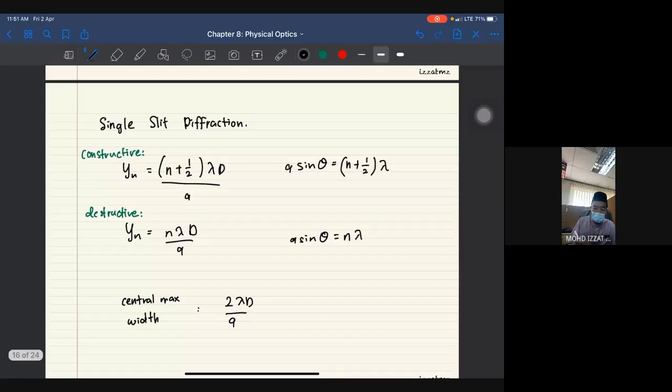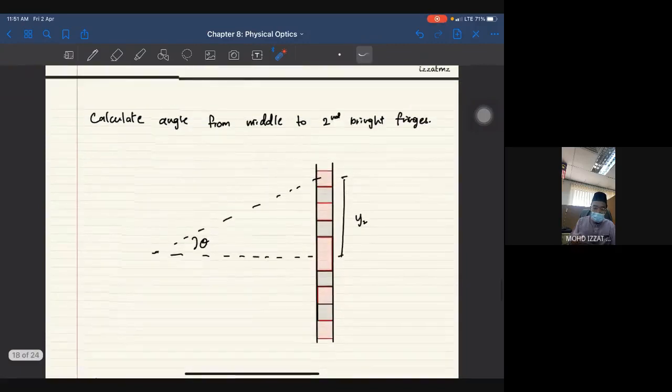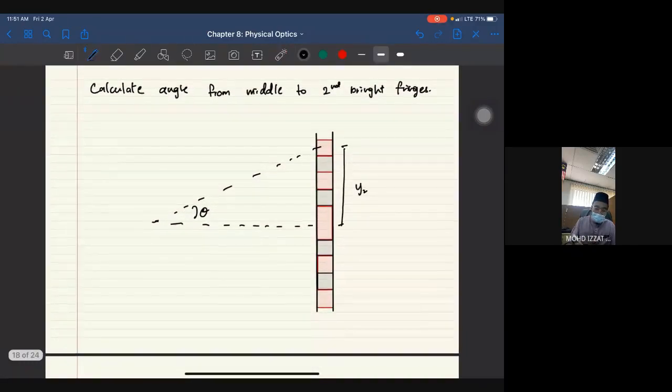Pakai je formula yang ni, you can find the theta straight away. Tak ada masalah. Katakan kamu memang betul-betul blur, apa yang kamu perlu buat, kamu kira Y2, and you know that this one is D. So this one is basically just your triangle. So you can solve using tangent theta equals to opposite over adjacent, Y2 over D. Ini contoh lah kalau kamu nak kira alternatif daripada that equation.